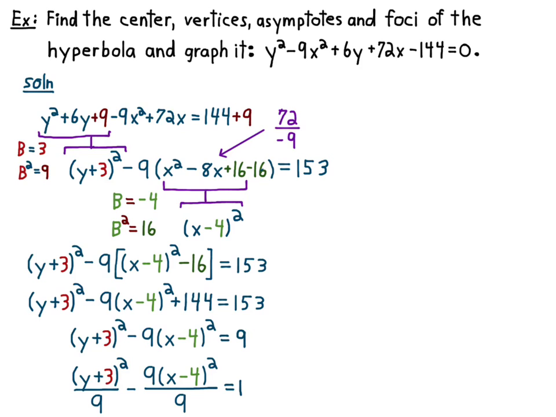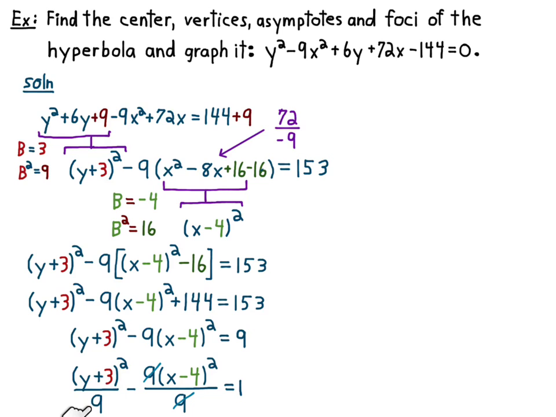So I get y plus 3, the quantity squared, over 9 minus, and then the 9 over 9 will cancel, so I just get minus x minus 4, the quantity squared, over 1. Now the denominator on the positive term, that's a squared.